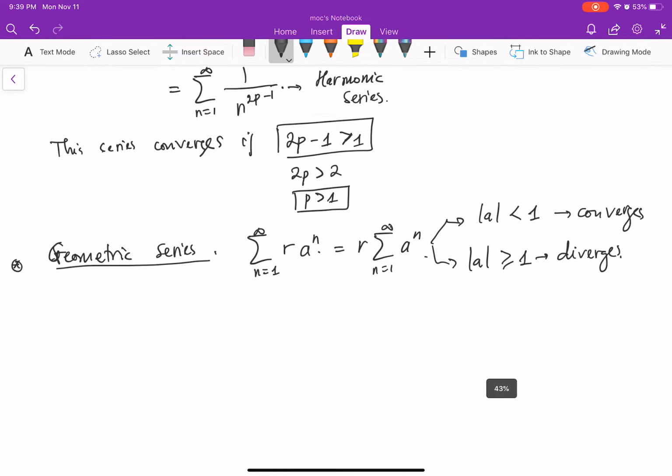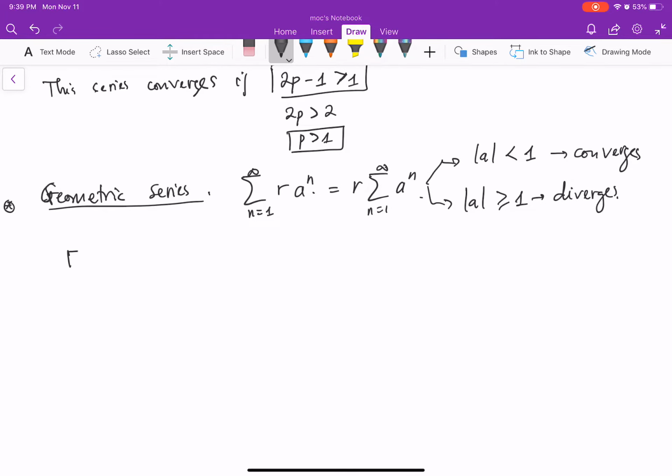So let's consider the following example. Let's pick r times negative 1/6 to the n, or let's say just negative 1/6 to the n, without the r, and then n from 1 to infinity.